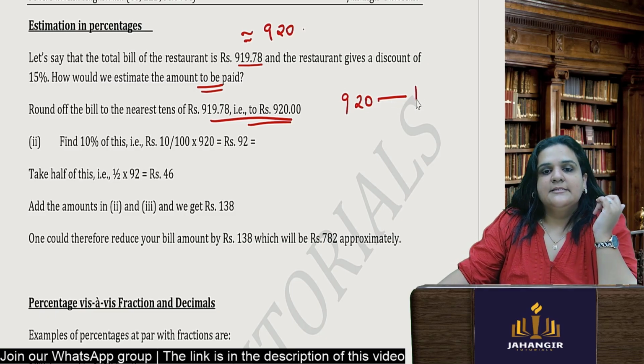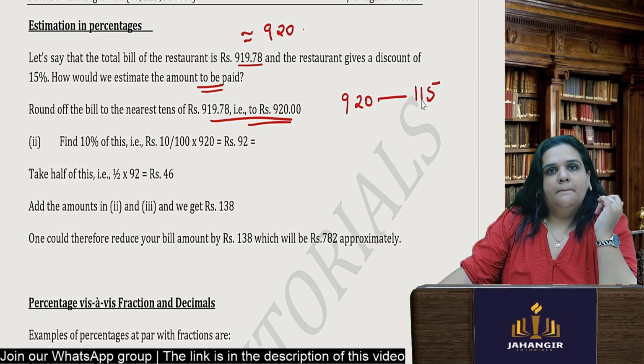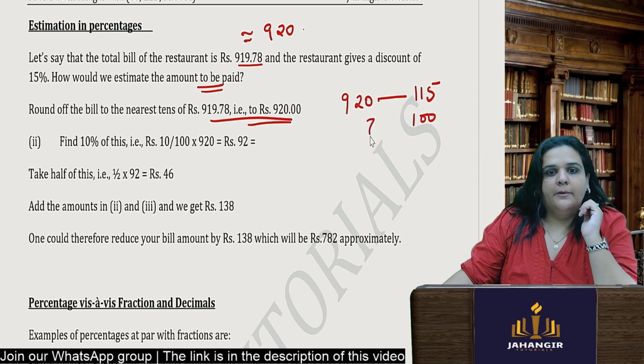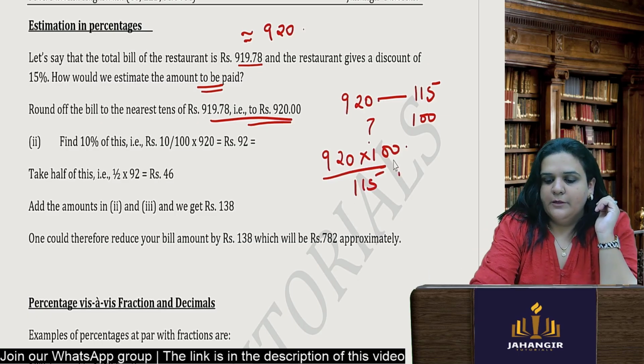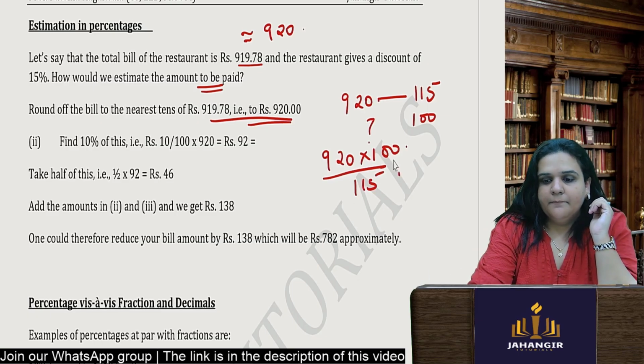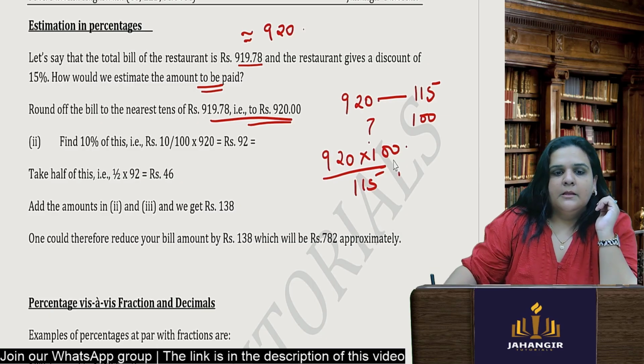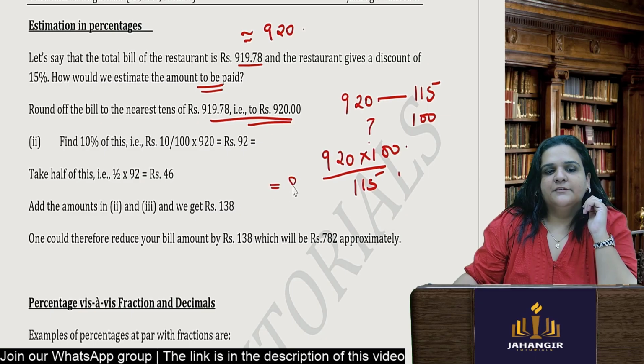So I can say this is 115. So 100 is going to be how much? So 920 into 100 divided by 115, if you do this, you are going to get approximately 800.